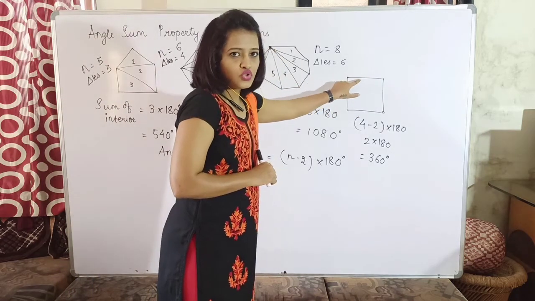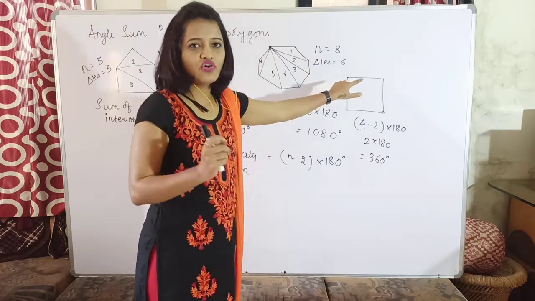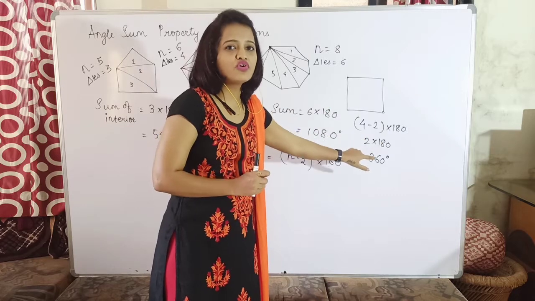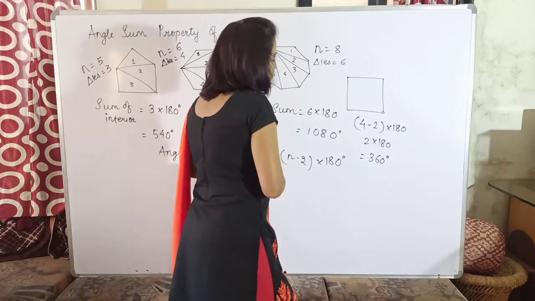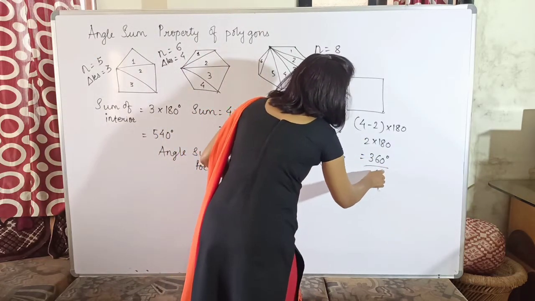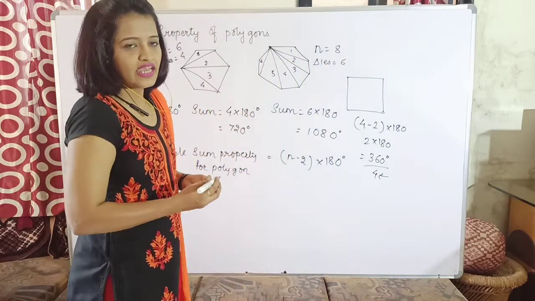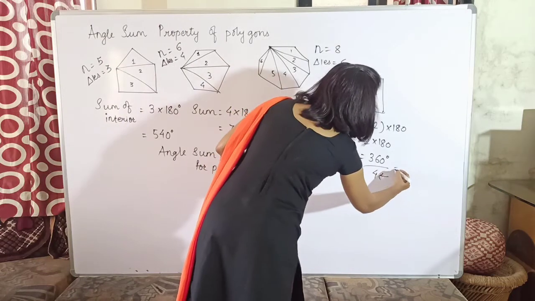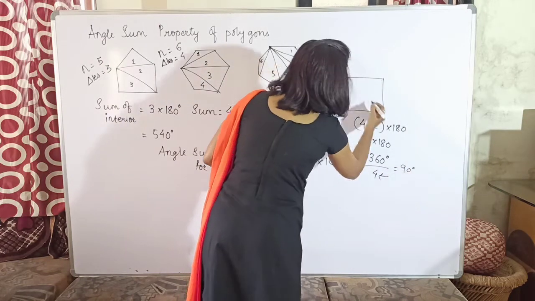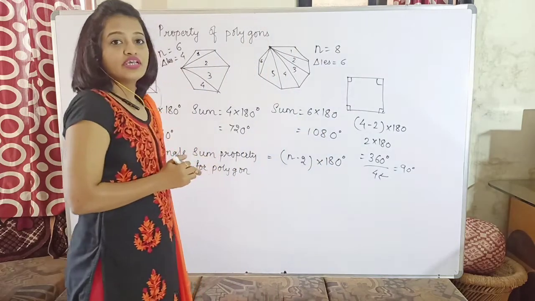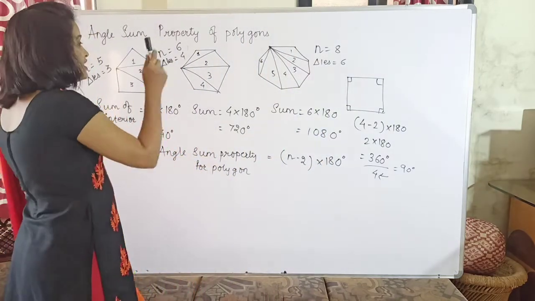So if I have to find the value of each interior angle, what will I be doing? I will divide it by the number of angles. So here in case of a quadrilateral, I will divide it by 4. Why? Because these are the number of angles. And from that I will get the value as 90 degree. So that is the measure of each angle in case of a regular quadrilateral.